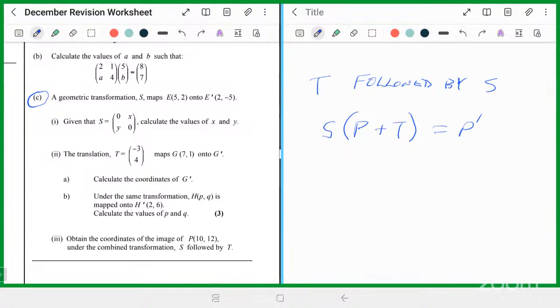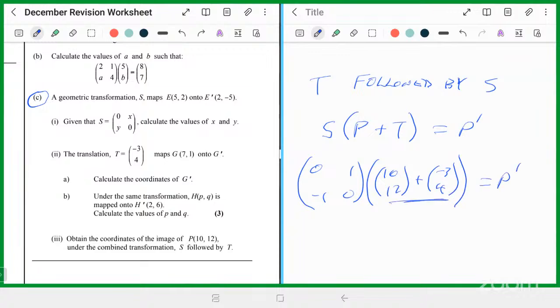So it will be the transformation 0, 1, minus 1, 0. We're going to do this part last. And here you're going to do the P, which was 10, 12, plus the translation of minus 3, 4. Work out in here first.